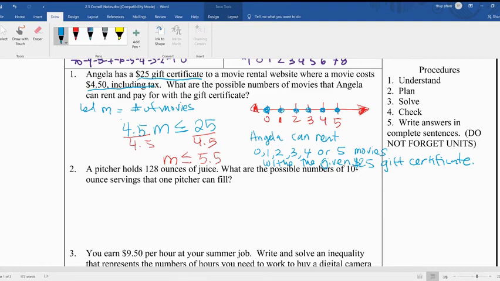Let's take a look at number 2. A pitcher holds 128 ounces of juice. What are the possible numbers of 10-ounce servings that one pitcher can fill?